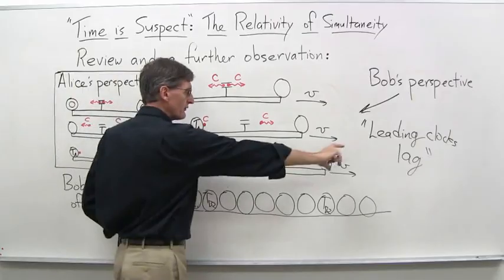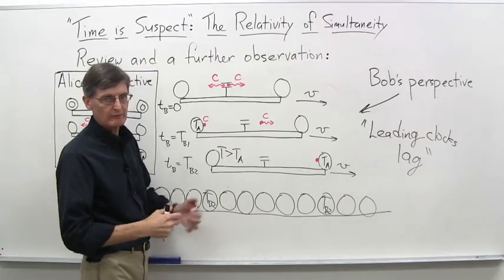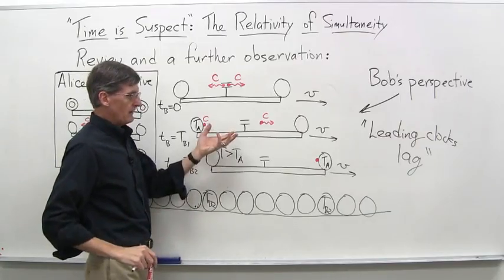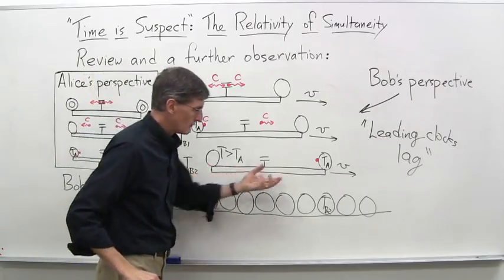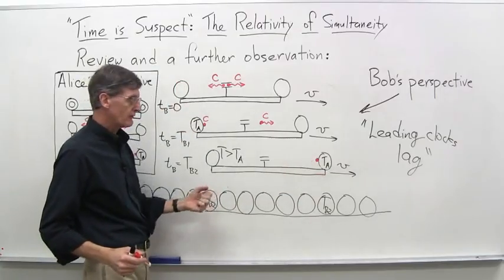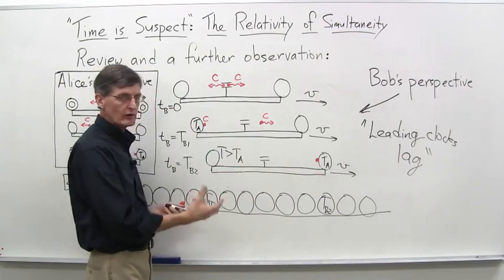If you have Alice flying by, or whoever's flying by, at a speed v that gets up close to the speed of light, in later video clips coming up here, we will actually look at how fast you have to be going for these effects to start becoming noticeable. But for now, we're just doing it qualitatively.